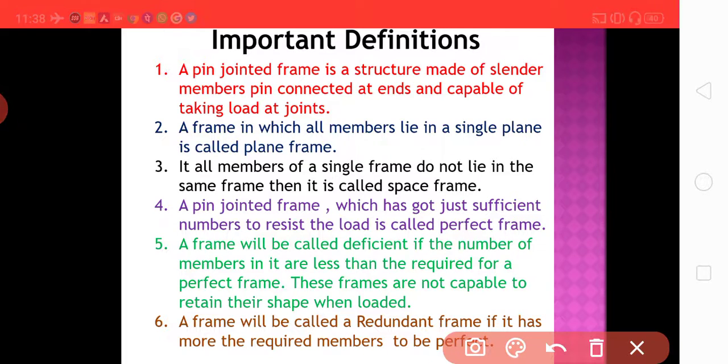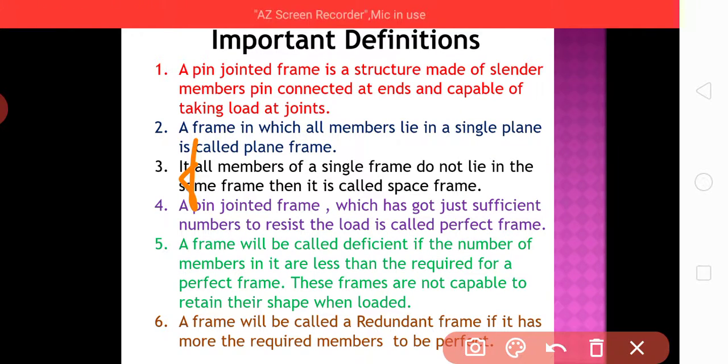If all members of a frame do not lie in the same plane, then it is called a space frame. A pin jointed frame which has just a sufficient number of members to resist the load is called a perfect frame.